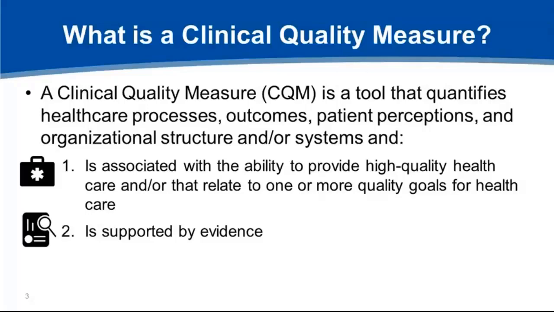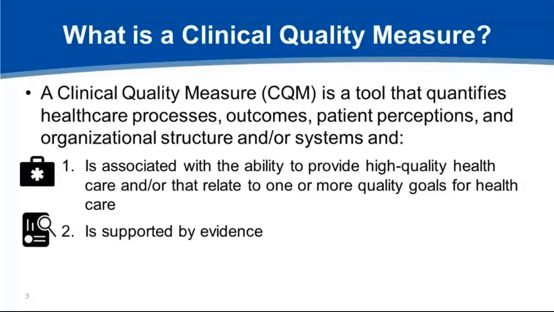And so let's walk through a quick example to try and help clarify the definition and different types of measures using diabetes as an example condition. So a measure related to diabetes might quantify a process. For example, the percentage of diabetic patients who receive a foot exam during their annual wellness visits. The process being measured there is the foot exam.